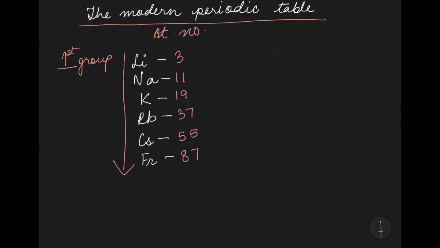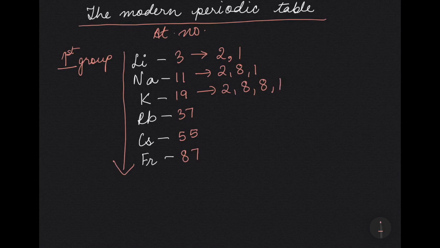One more chemical property I forgot to mention is that they react with water. All these metals react with water to form metal hydroxides and hydrogen. And if you write the electronic configuration, first 1, 2, 8, 8, 1.